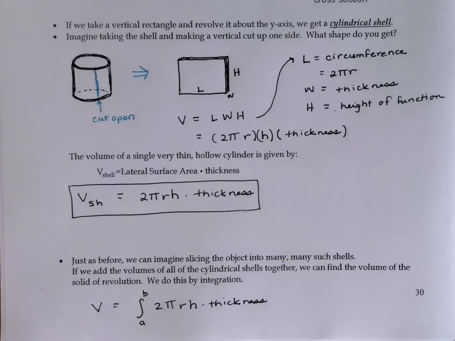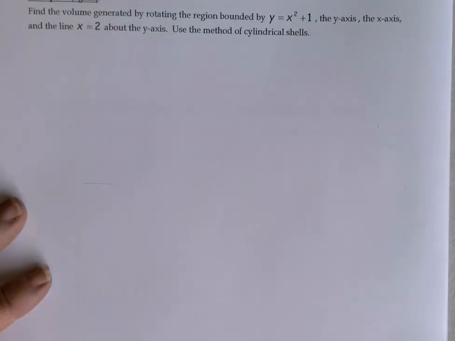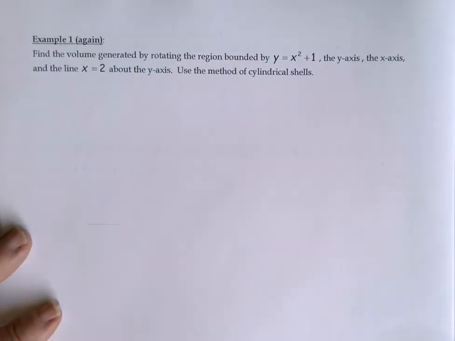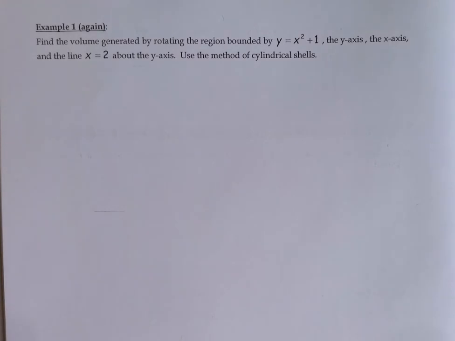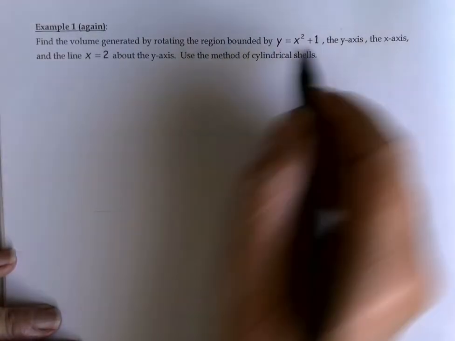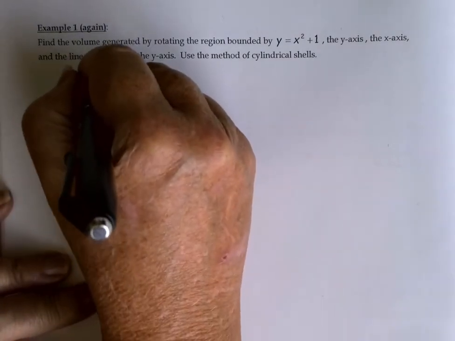So let's try this. We're going to go ahead and redo that same problem, the one that we already got an answer of 12 pi for, only this time we're going to do it using this new shell method. See if we come up with the same answer. So once again, I'm looking for the region bounded by y equals x squared plus 1, the y-axis, the x-axis, and the vertical line x equals 2. I'm going to make a quick sketch of this.